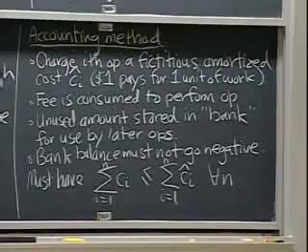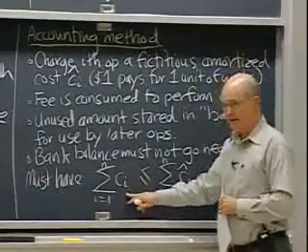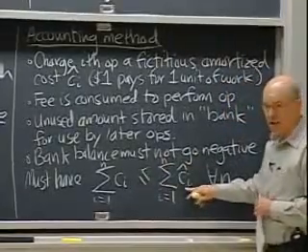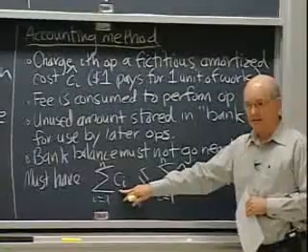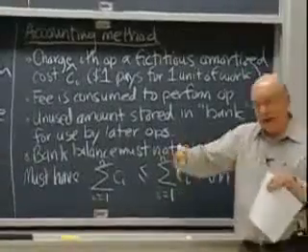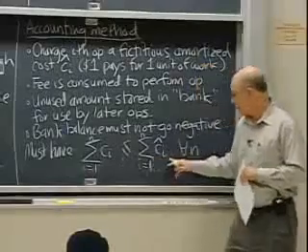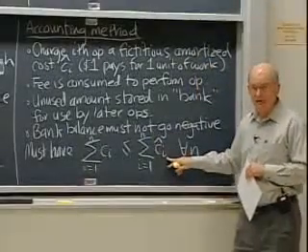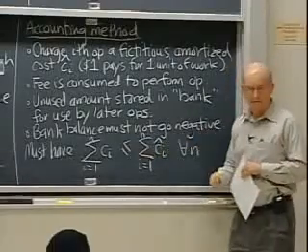Okay, for the bank balance not to go negative, if I add up the true costs, it's got to be the case that I can always pay for them. This is what I'm charging. This is what it actually costs me. So it better be the case that whatever I've actually had to pay to operate on that data structure is covered by the amount that I've been charging people for the use of that data structure up to that point. And that's got to be true for all n.